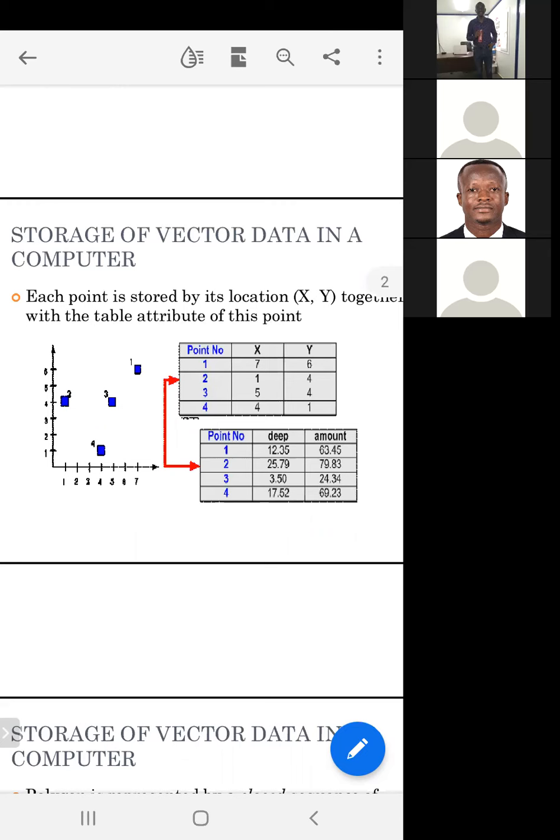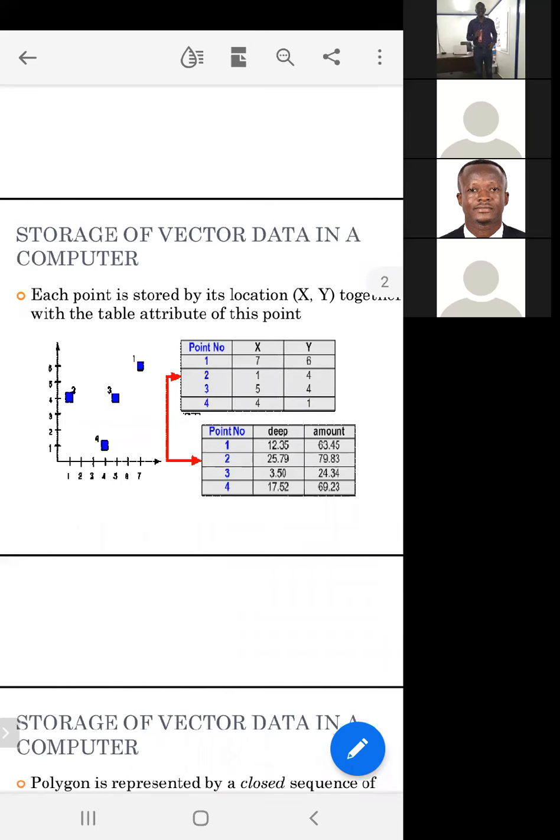So point 1 has a depth of 12.35 and then a certain amount of 63.45. We can have a big table which lists all the attributes to be found at a certain location. I think this is very simple and easy enough.